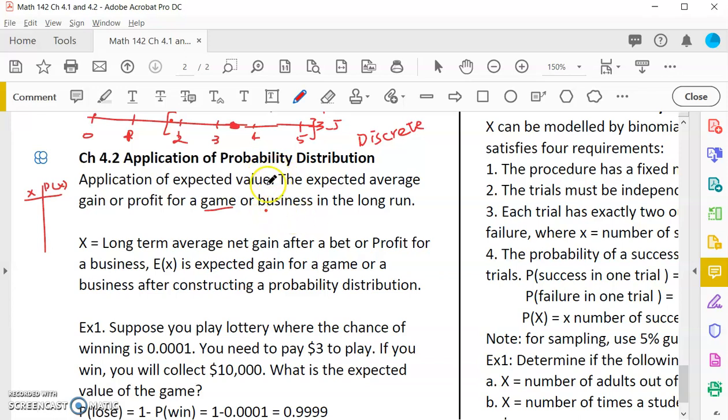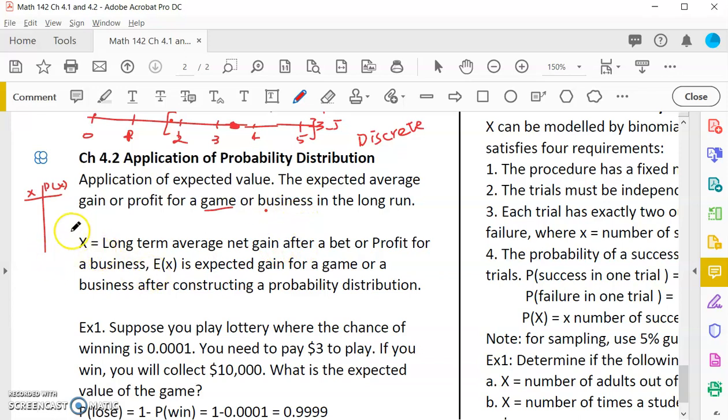So probability distribution is very useful if your X value happens by chance and you know the probability, and these X values are monetary values because of a gamble on a game or because of a business.